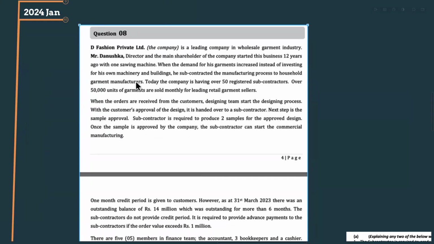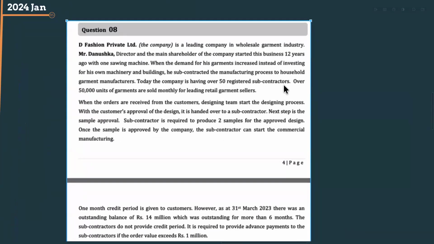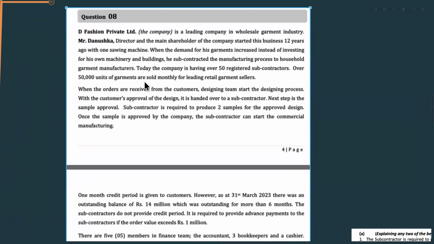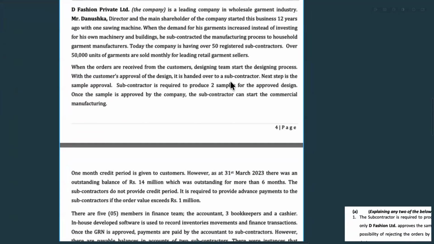So he is not building his own manufacturing factory, but he subcontracted to people who are doing it at home, right? Today, the company has over 50 registered subcontractors. So 50 people are there. Over 50,000 units of garments are sold monthly to leading retail garment sellers. Good. 50 registered subcontractors. So there is a process for registering.